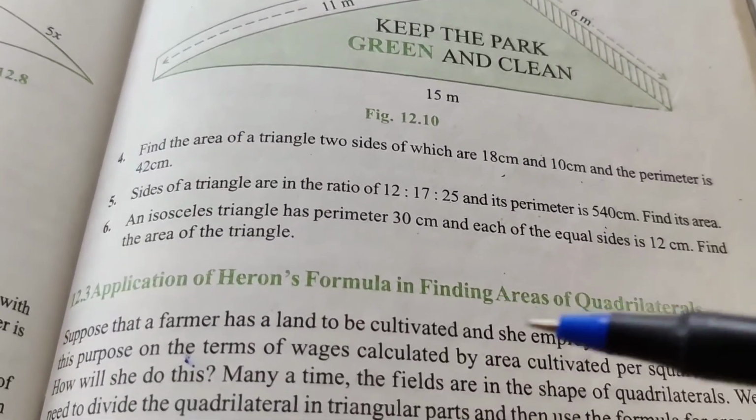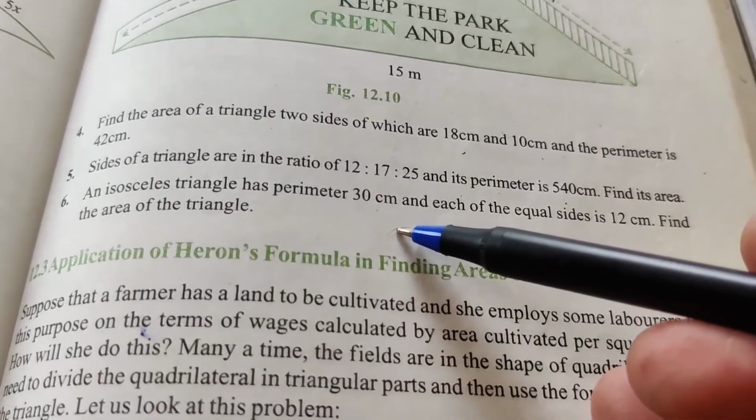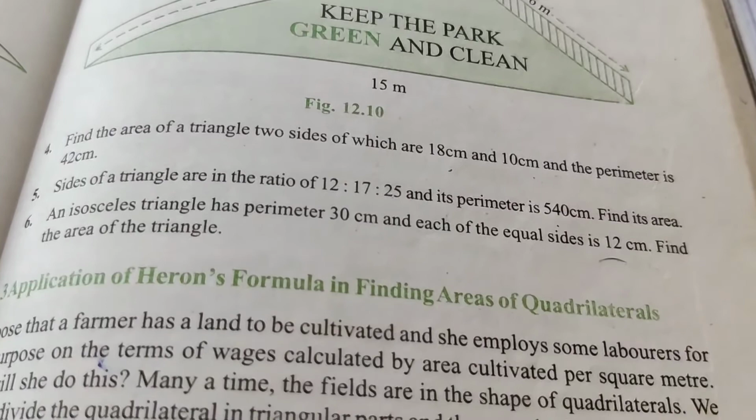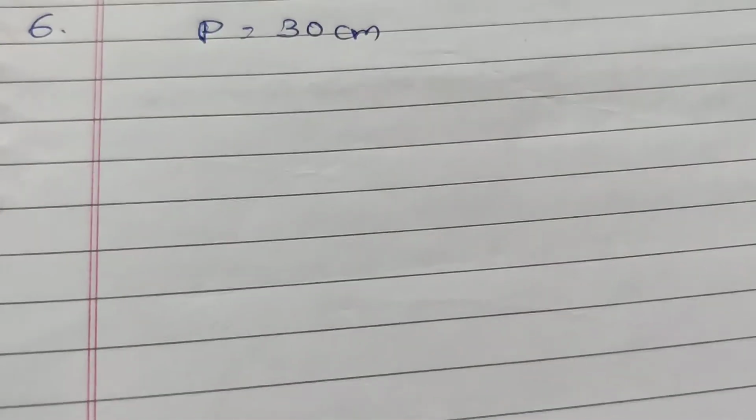An isosceles triangle has perimeter 30 centimeter and each of the equal sides is 12 centimeter. Find the area of triangle. Now perimeter equal to 30 centimeter. And equal sides, A equal to 12 centimeter and B equal to 12 centimeter.